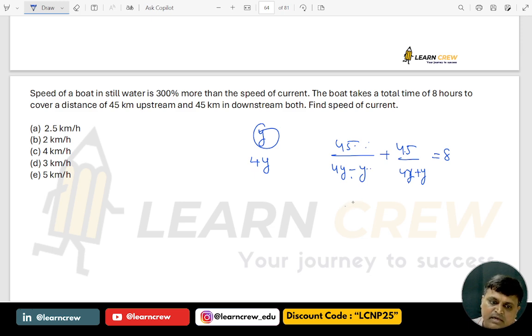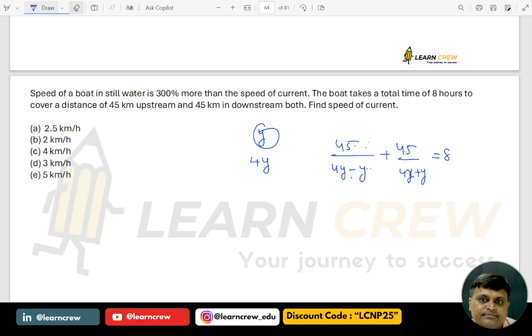If I take 45 common, 45 by 3 is 15, 15 plus 9. So I am going to get y as 8. Not y as 8, sorry. Calculation wrong. I did wrong calculation. Again I am going to explain it clearly. 15 by y, 45 by 3y.